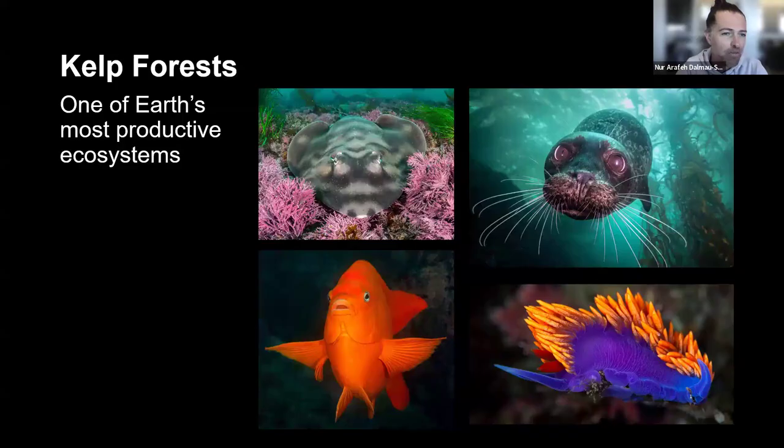And why kelp forests? Well, kelp forest is one of the most biodiverse ecosystems in the world, apart from being beautiful. It sustains thousands of species of fish, invertebrates, and marine mammals. And as a result, it also provides important ecosystem services to local communities, like sustaining some of the most productive fisheries in the world.